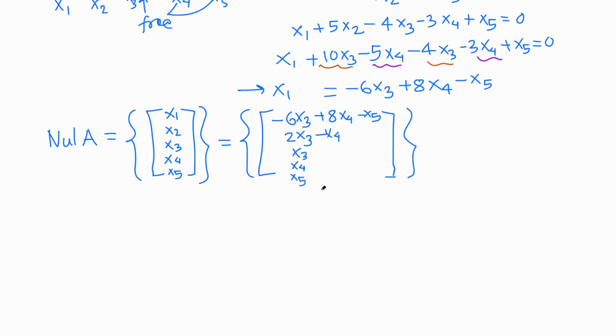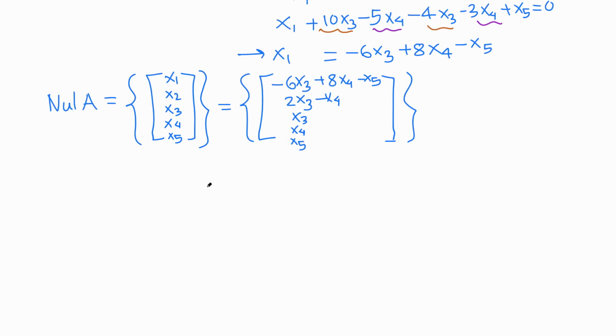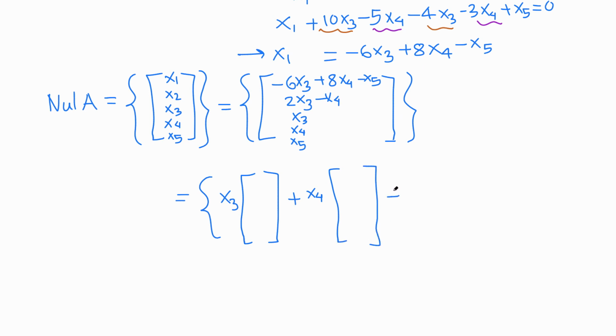So we want to write this in parametric vector form. We got 3 free variables, so I want to factor x3 out and I'll have a vector, plus I want to factor x4 out and I'll have a vector, and I want to factor x5 out and I have a vector.